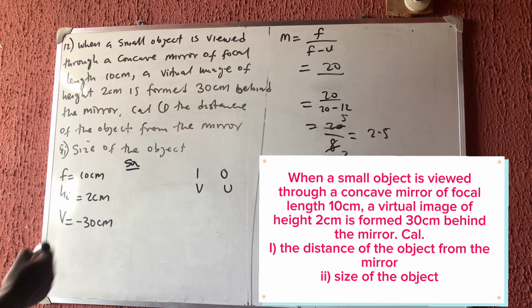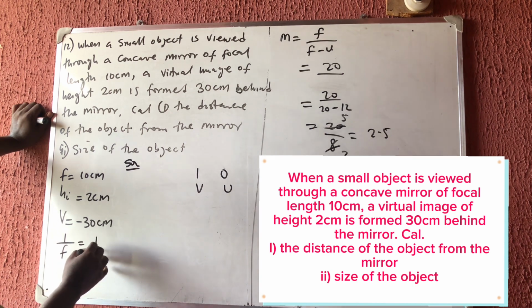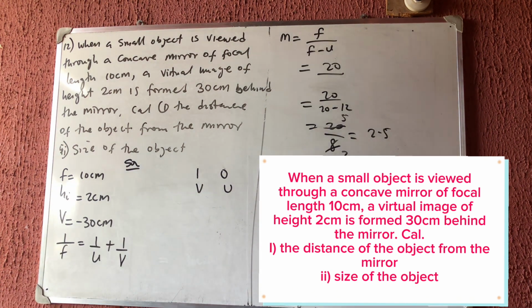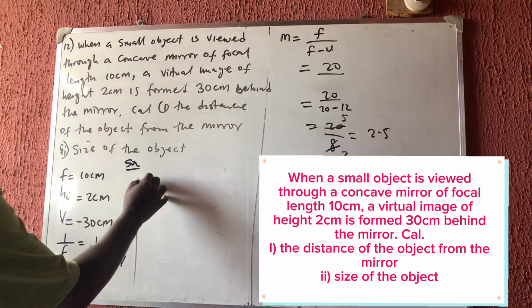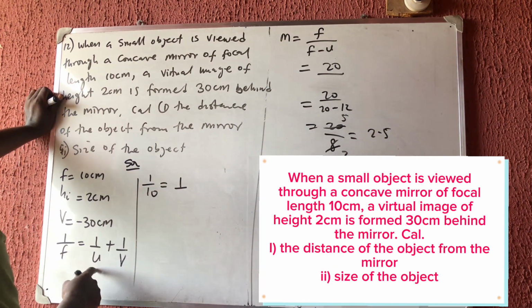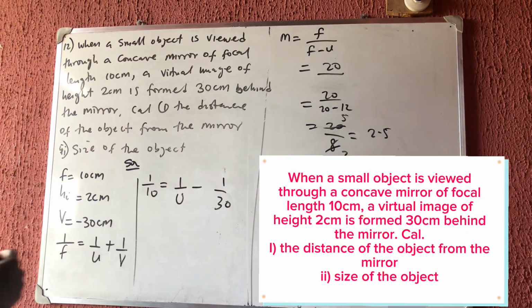We have that 1 over f is equal to 1 over u plus 1 over v. So what do we do now? We are going to have 1 over 10 is equal to 1 over u minus 1 over 30.